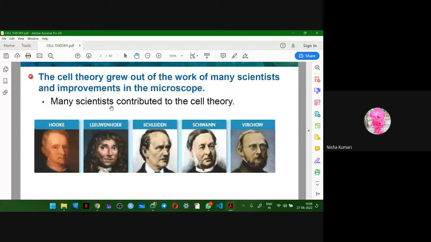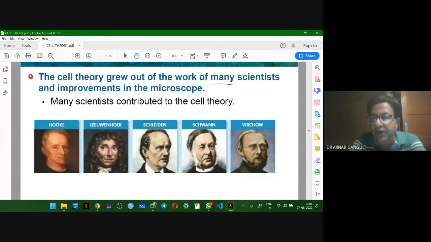So many scientists worked and developed the theory of what a cell is. Many of them worked one by one, not together, and developed the concept. First was Robert Hooke, and Anton von Leeuwenhoek. They made the microscope. Then the actual theory was given by Schleiden and Schwann.